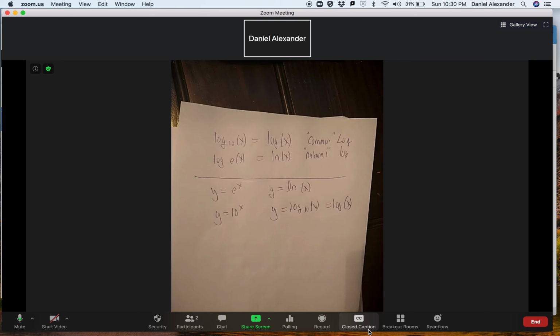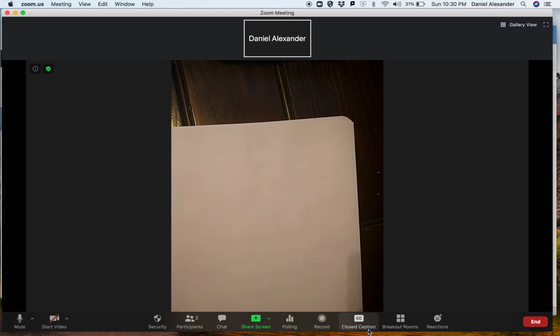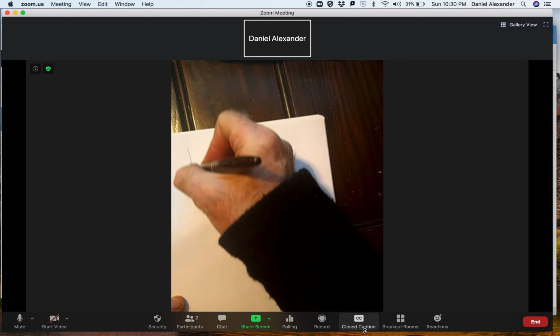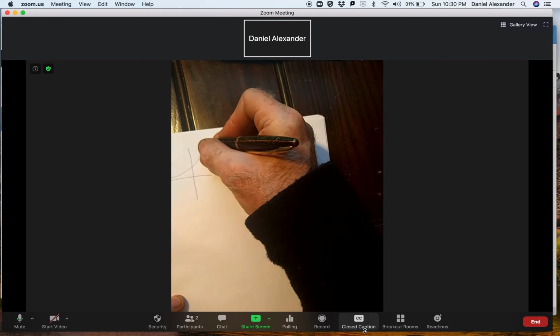So I wanted to go over that. I also wanted to make a little table about the inverse, just to make some comparisons, and then we'll go to some applications. Okay. So here we have, let's use y equals 10 to the x.